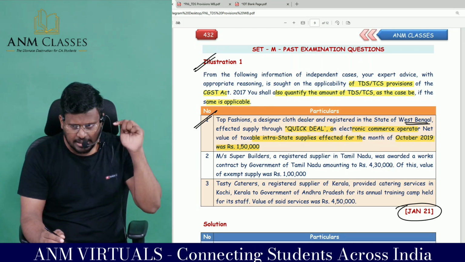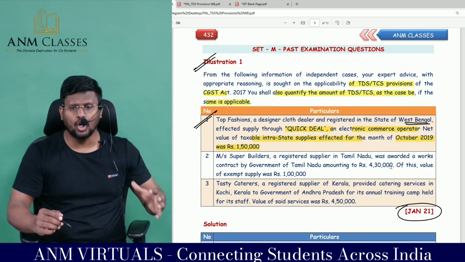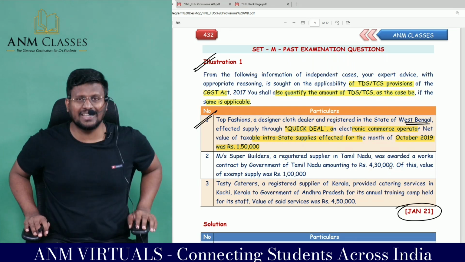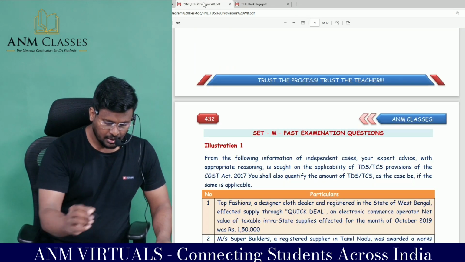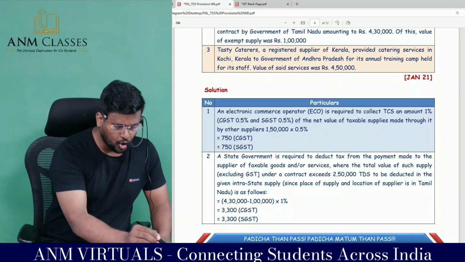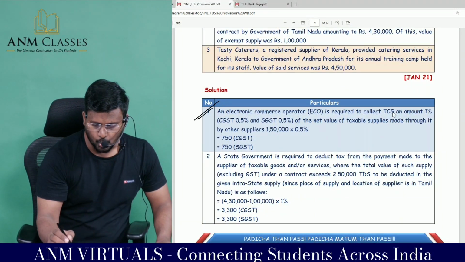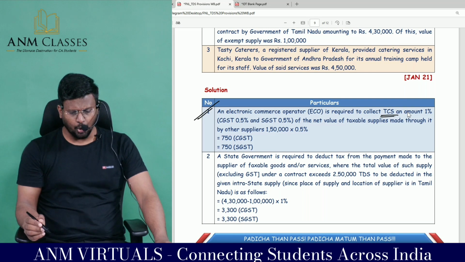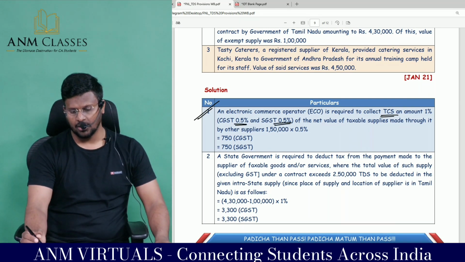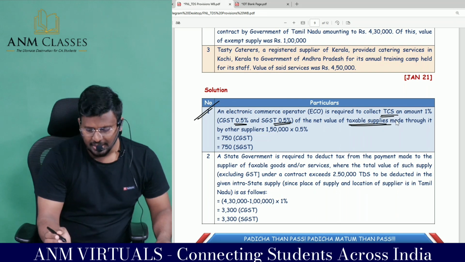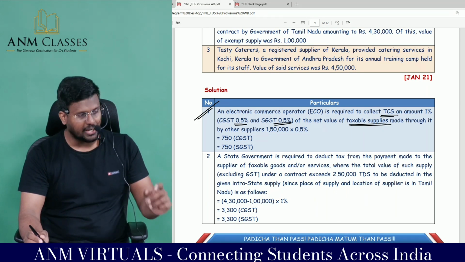Sir, on net supply, the e-commerce operator is liable to collect TCS at the rate of 0.5% CGST and 0.5% SGST. An e-commerce operator is required to collect TCS at 1%, which is CGST 0.5% and SGST 0.5%, on the net value of taxable supply made through it by other suppliers.